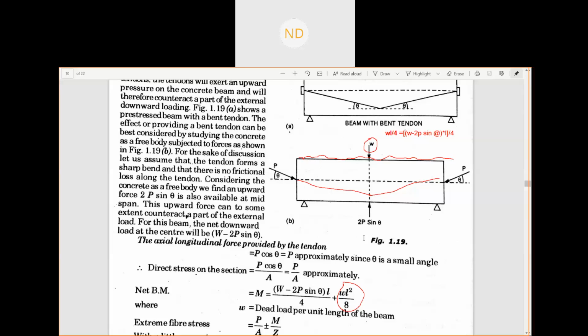Now I think you'll be able to solve a problem on this, because in your bend tendon there is an upward pressure, the 2P sine theta, which is counterbalancing your external load, and there is nothing more on that. So we will now try to solve a problem on bend tendon.